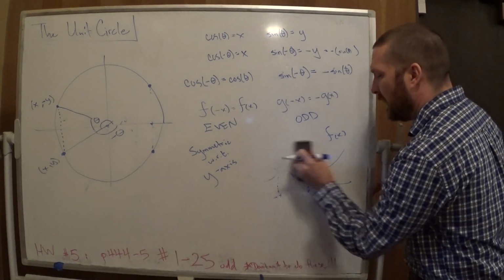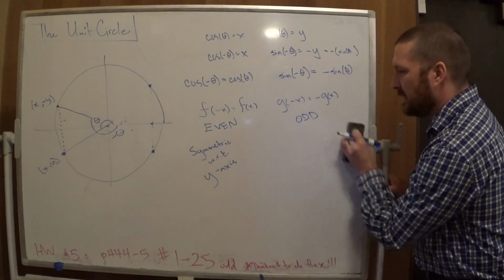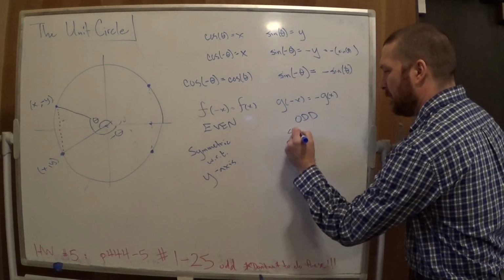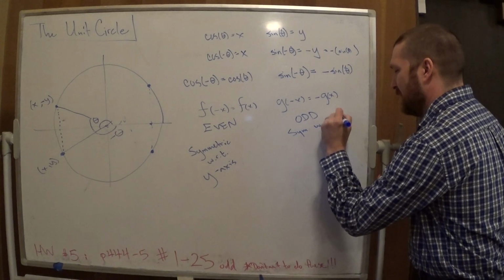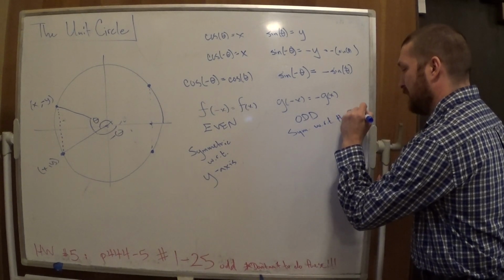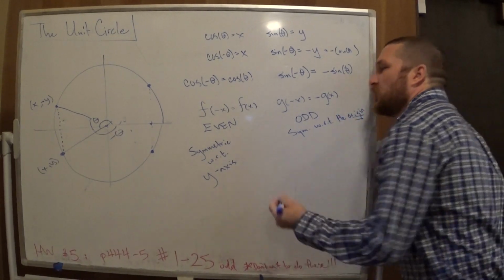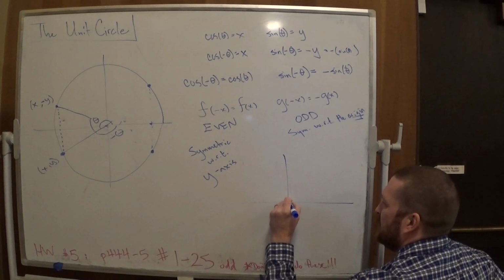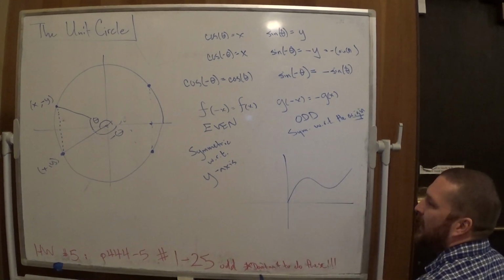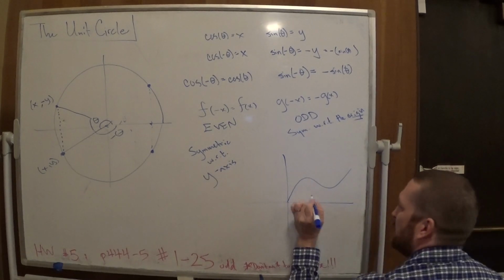On the other hand, an odd function, it's symmetric with respect to what? The origin. Yeah, that's right, with respect to the origin. So, for instance, if my g of x did something like that, then think about what this says.